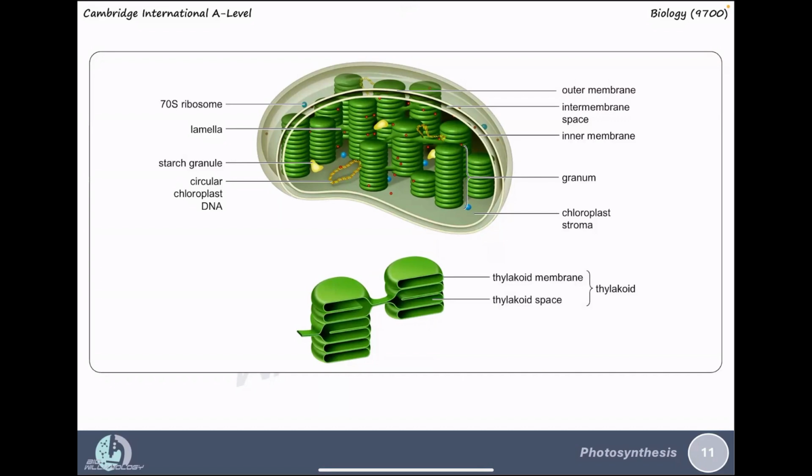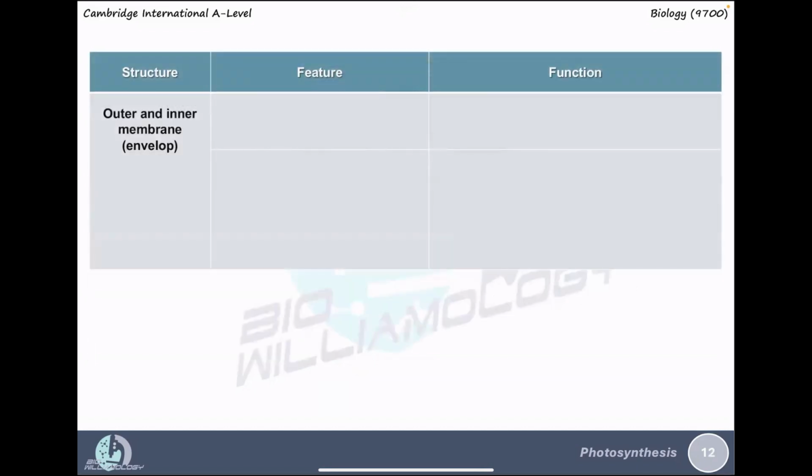In fact, the chloroplast stroma is quite similar to the mitochondrial matrix, where inside the mitochondrial matrix, 70S ribosome and circular DNA can be found. So let us focus on each structure and what their features as well as their functions are.